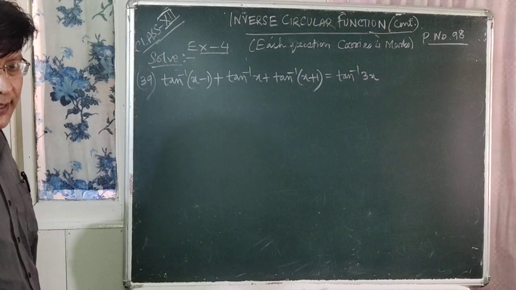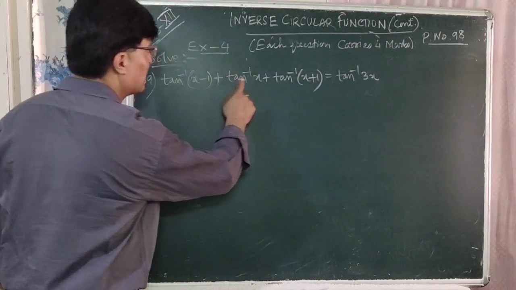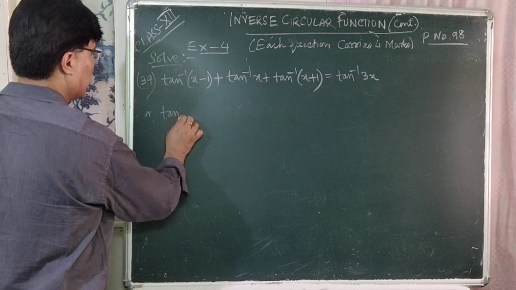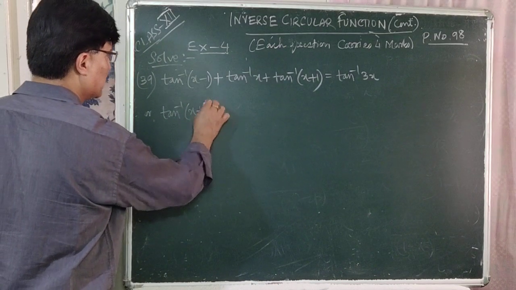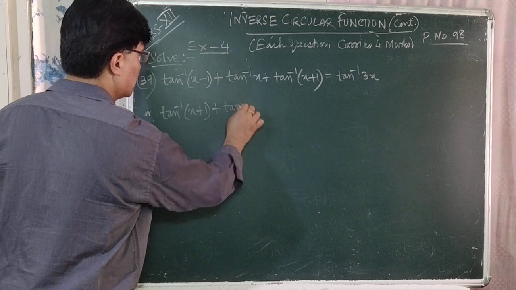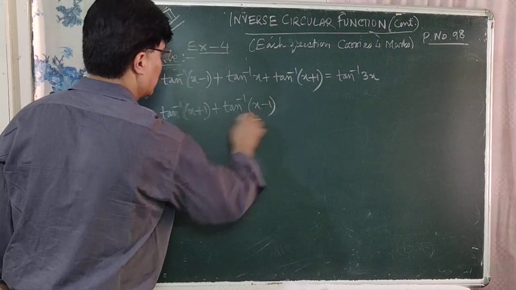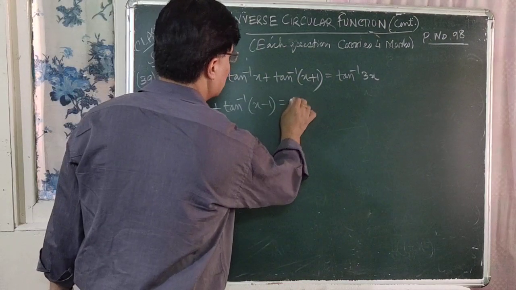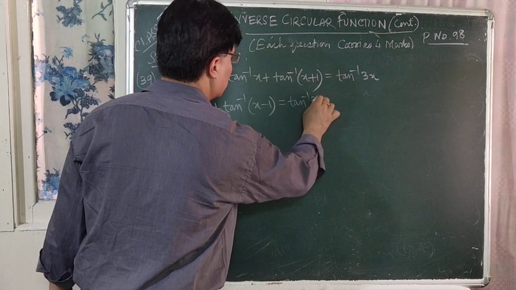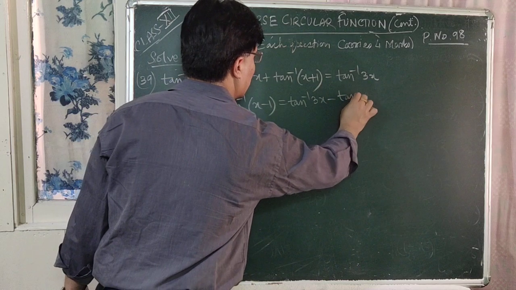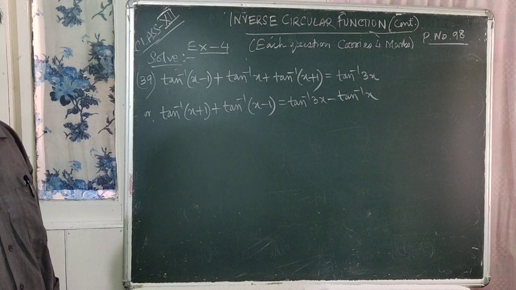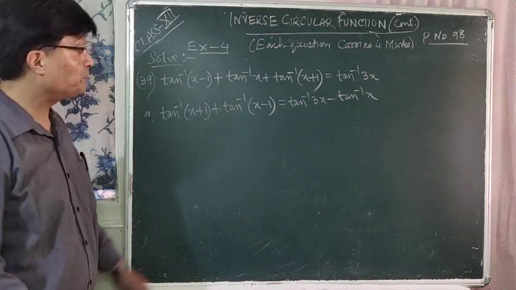Only tan inverse x goes to the right hand side. Or let us write tan inverse (x plus 1) plus tan inverse (x minus 1) on the left hand side, which is equal to tan inverse 3x minus tan inverse x. Tan inverse x on the right hand side becomes minus tan inverse x, okay?